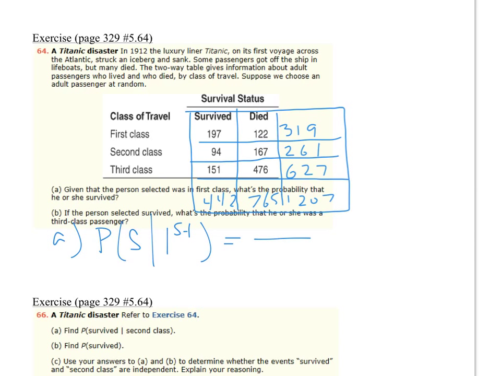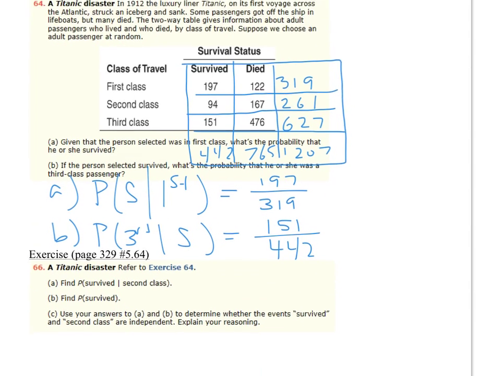Given first class, we'd be talking about 319 people, and the probability of surviving would then be 197 out of 319. For Part B, given that the person selected survived, the chance that he or she was in third class would be found from the ratio of 151 out of 442.